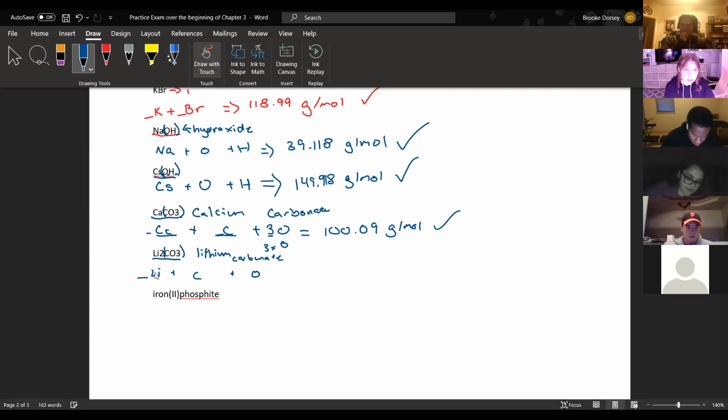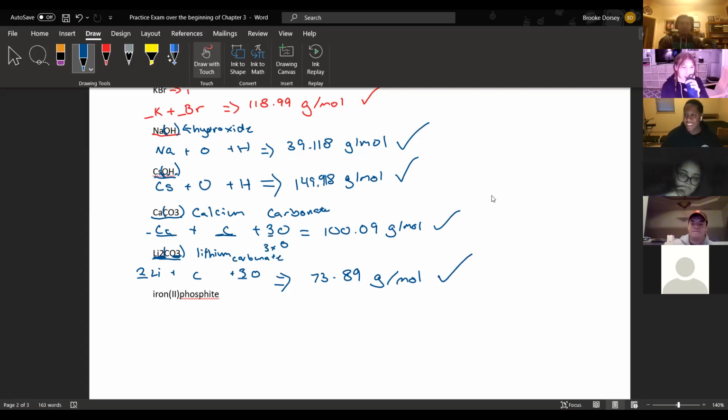Yeah, lithium by 2 and oxygen by 3, because remember, the subscripts go directly to the element in front of the number. When you do that calculation, what do you get? 73.89. I can second it.